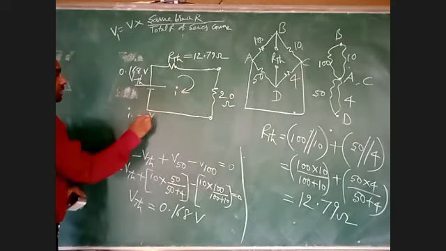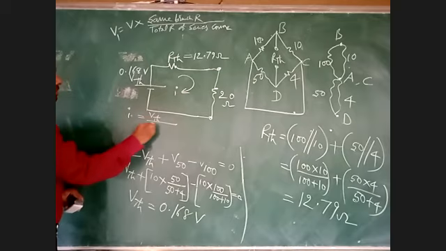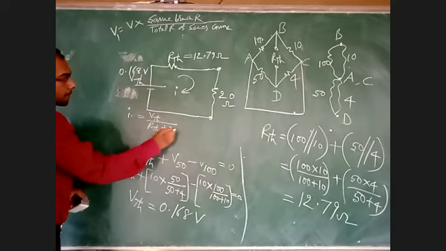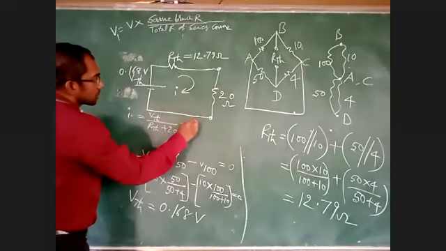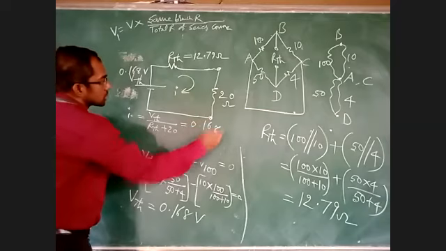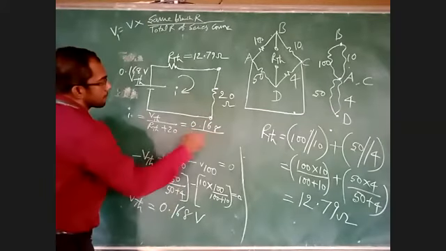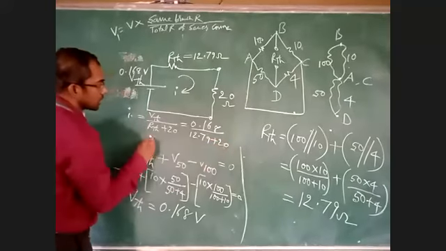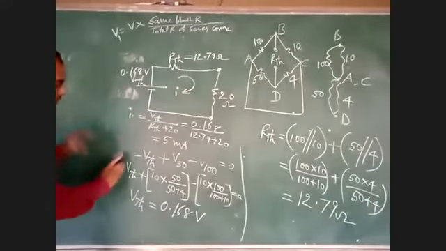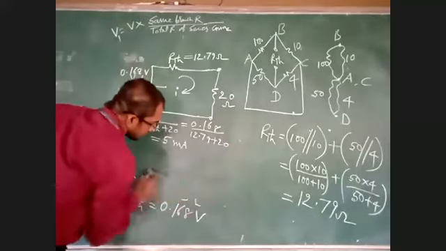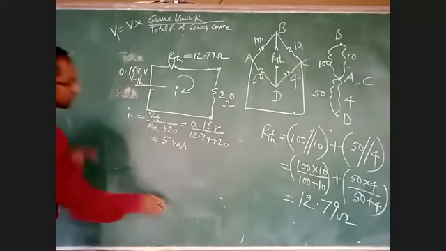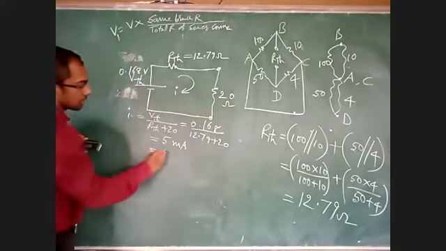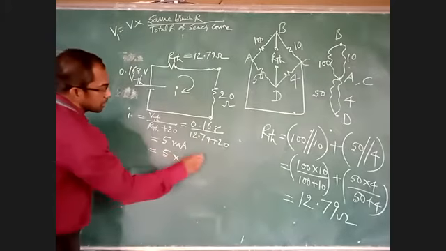I is equal to VTH by the total resistance. In your textbook, they have given the answer as 5 milliampere, which means 5 into 10 power minus 3.